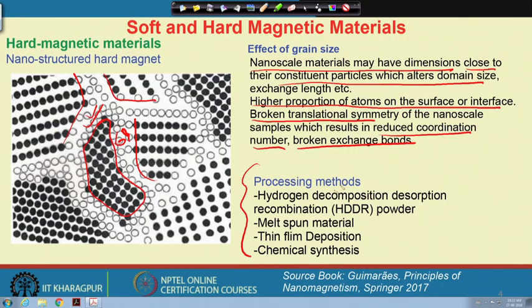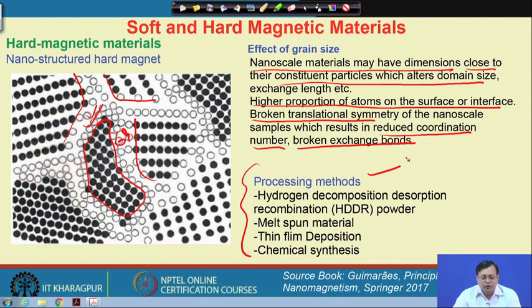For producing such nanostructured hard magnets, there are some processing methods that people have observed, that is hydrogen decomposition, desorption and recombination, the HDDR process. This is also a very sophisticated technique. Also melt spinning, which gives ribbon-shaped material, or thin films by some deposition technique, chemical synthesis.